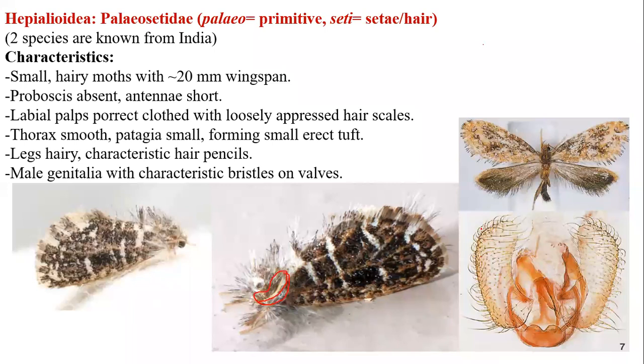However, there is a very important feature in the male genitalia of this species, which is that their valves, which I am showing here, consist of many characteristic bristles. You are seeing here. And following these characters, I think that we can identify this family from field level or by observing them in museum collections.